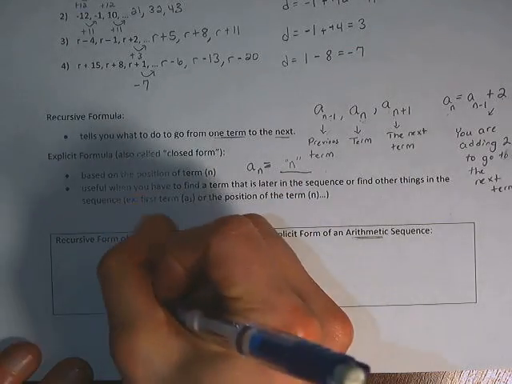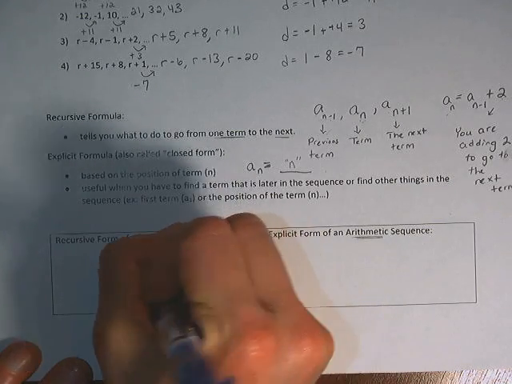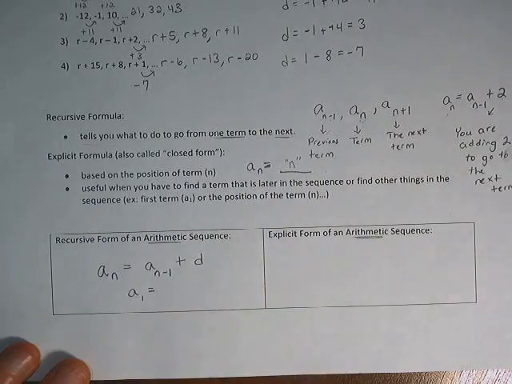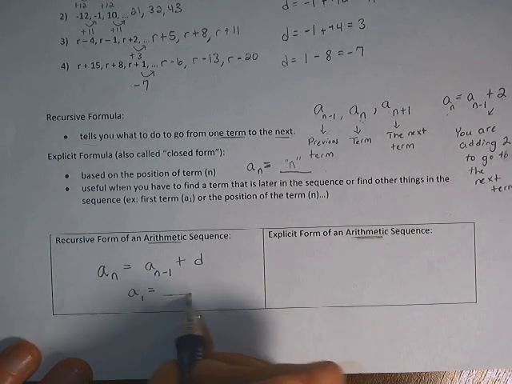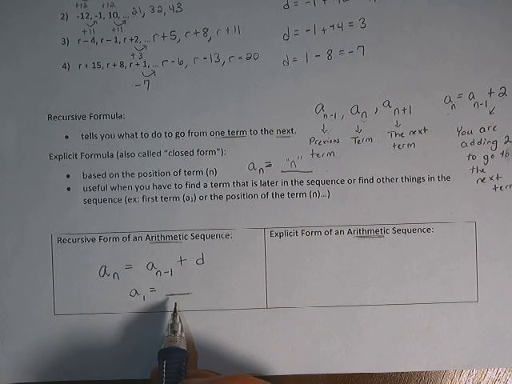And so the other thing that you also have to tell in an arithmetic sequence is one of the terms in your sequence. So usually people will tell the first term. It does not have to be the first term, but most of the time people will make sure they tell the first term. And the reason for that is because if you don't tell the first term, you could end up with a totally different sequence.